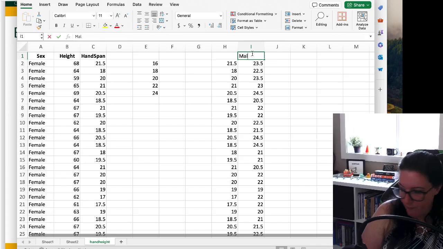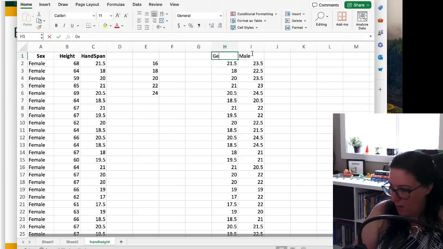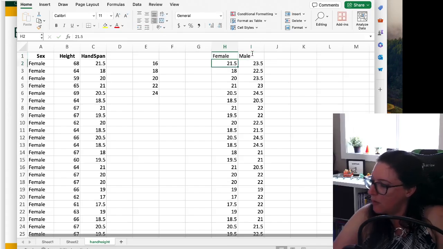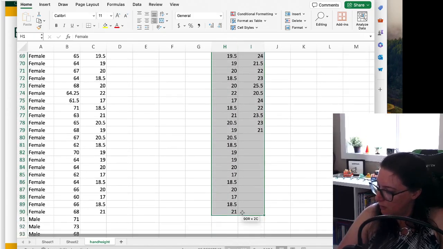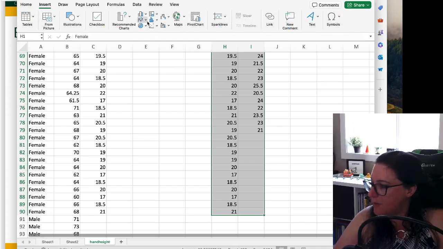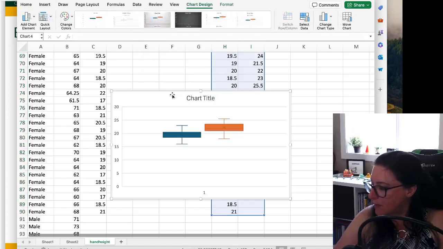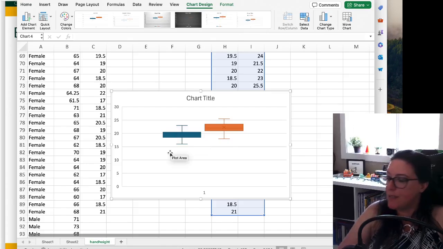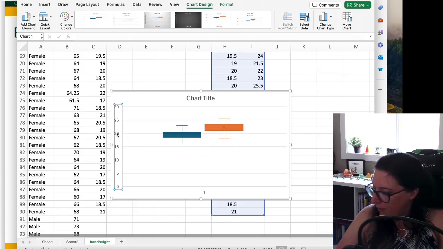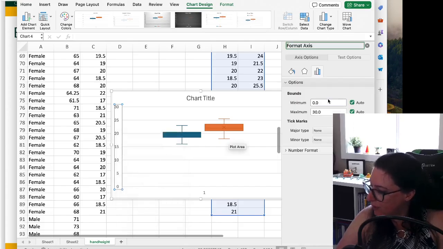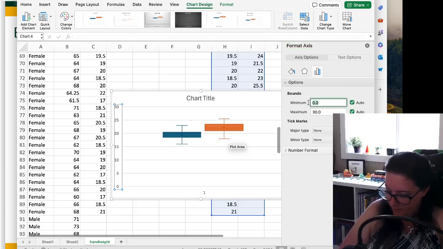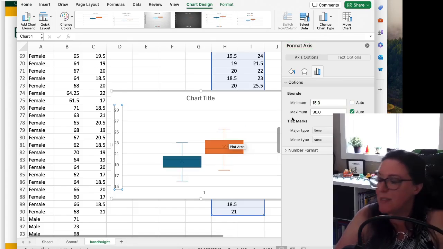So male, female. Okay, and highlight all that. And let's insert our box and whiskers. And so you can see here the male and female, and I'm just going to format the axes by changing the lower to, let's say, 15, just so we can see it better.